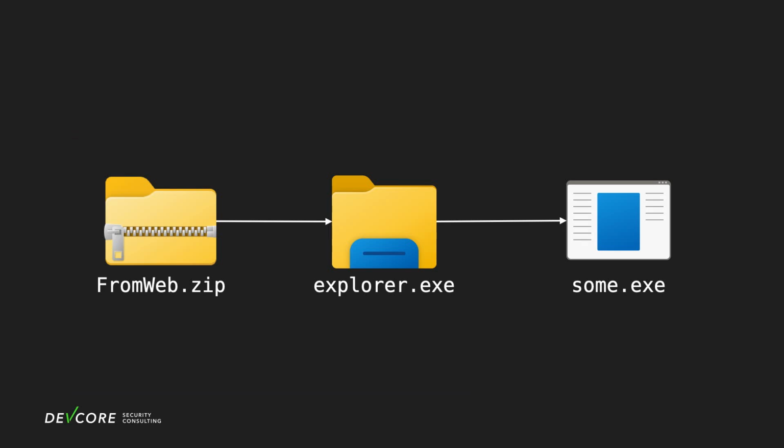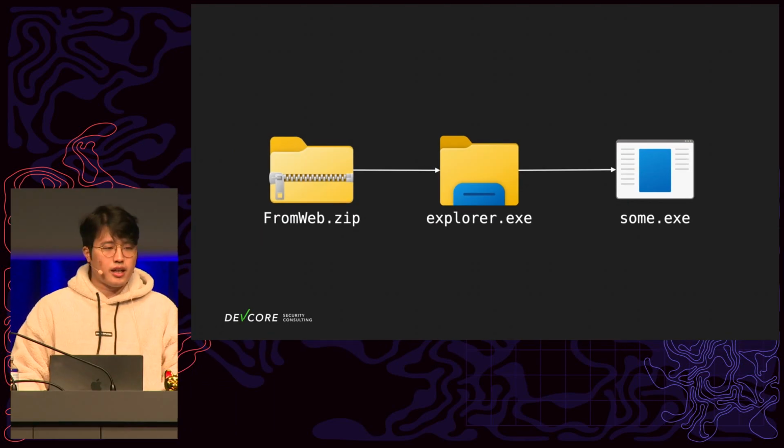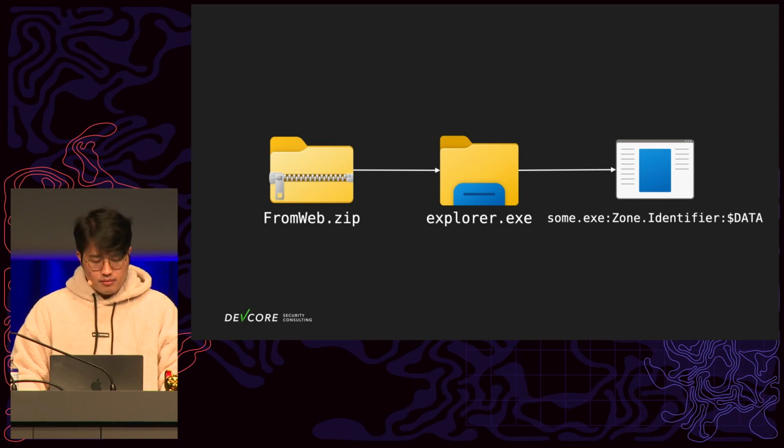So usually, when extracting a compressed file with MOTW, the process goes like this. File Explorer first extracts a file inside the archive. Let's call this file sum.exe. Then File Explorer writes metadata to the Zone.Identifier ADS for sum.exe, and that's it.